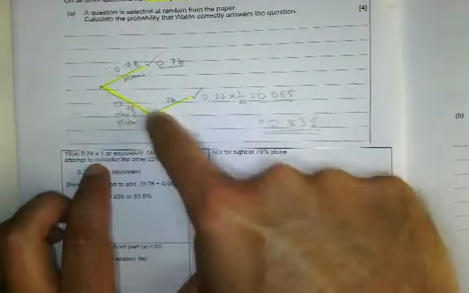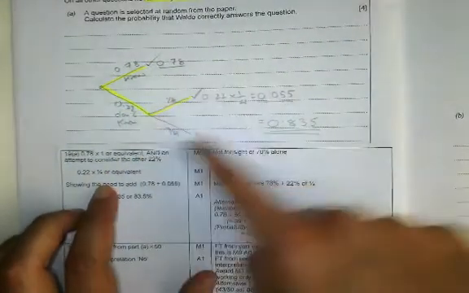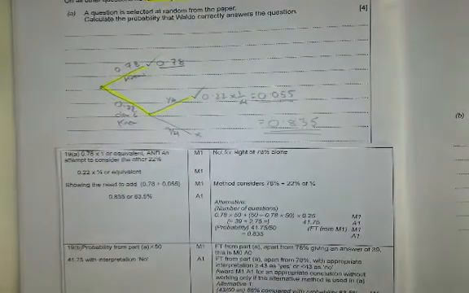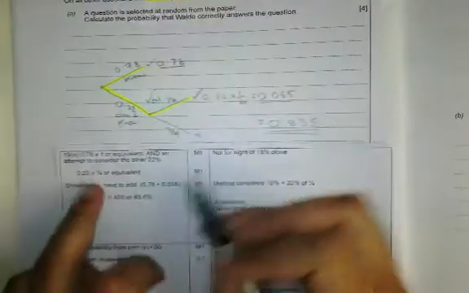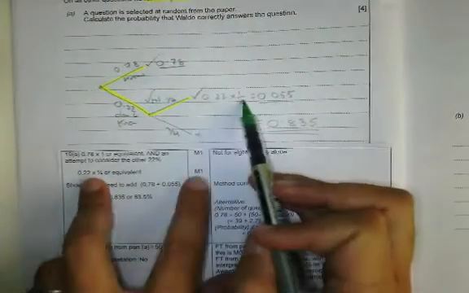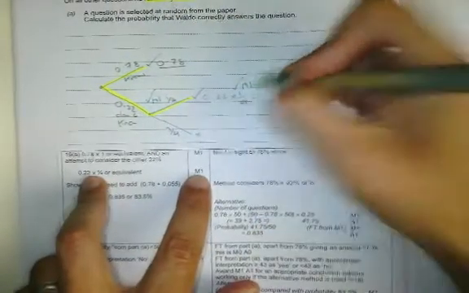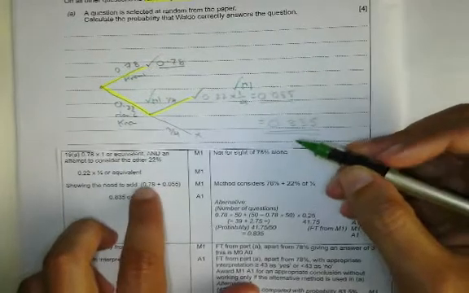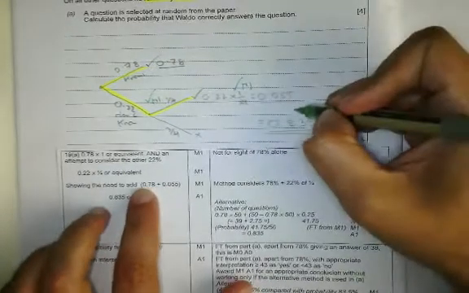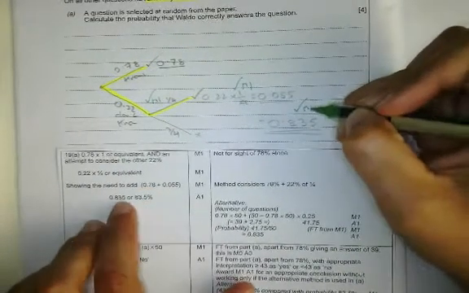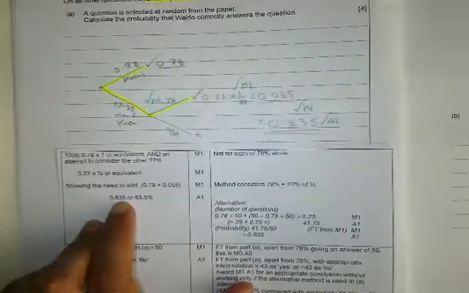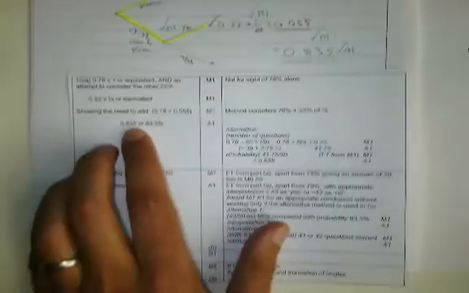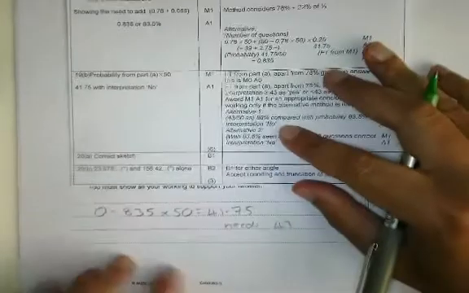So the fact that we've got this tree diagram with the 0.22 there, and then something else going on from there, means that we would get that M1 mark. 0.22 times a quarter gets us a second method mark. Adding those 2 things together gets us a third method mark, and then getting 0.835 or 83.5% gets us the final accuracy mark.